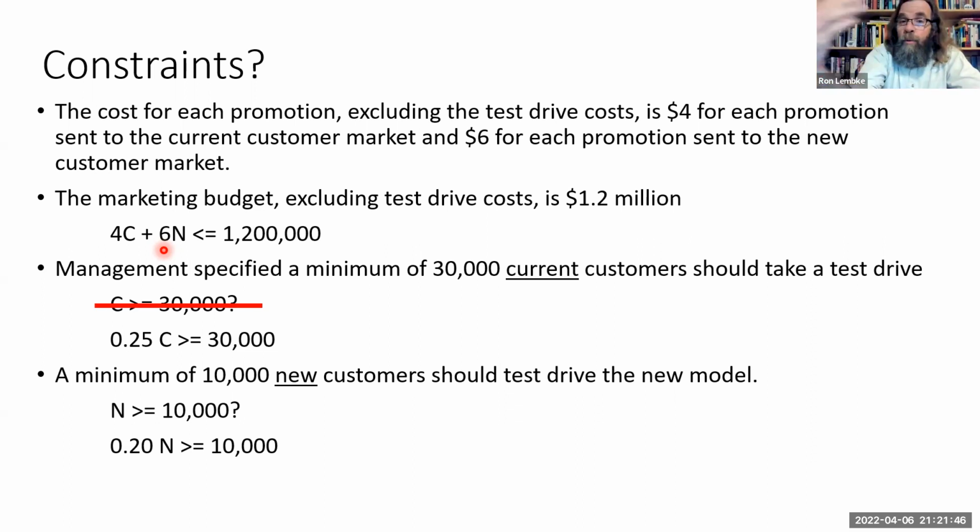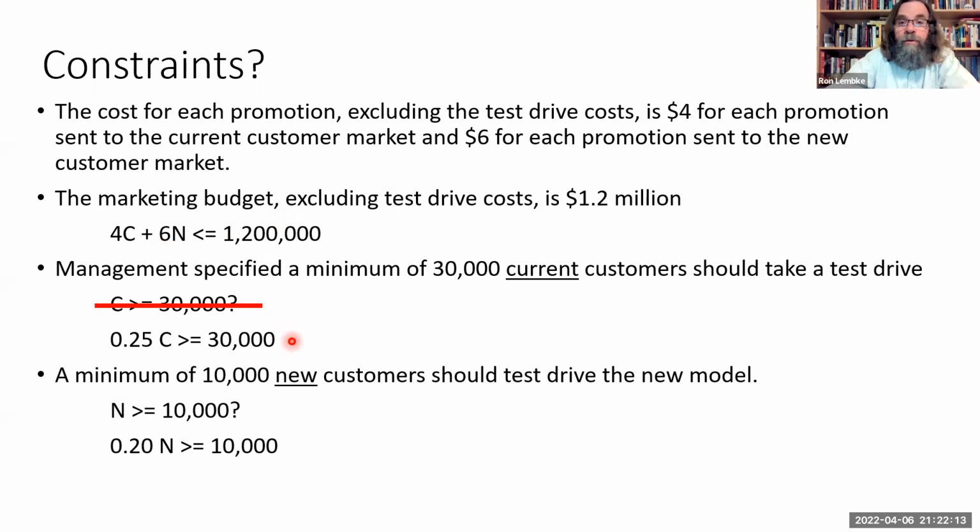C is the number of people we reach out to, and nobody told us you have to reach out to at least 30,000 current customers. No, they told us we want at least 30,000 current customers to take test drives. Take the number of current customers we reach out to, multiply that by 0.25, and that tells you the number of current customers who will, on average, take a test drive. So that gives us this constraint here.